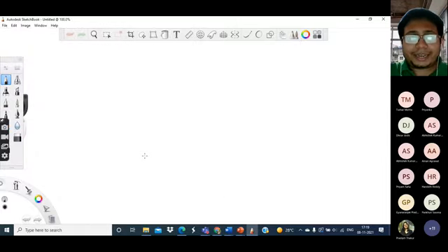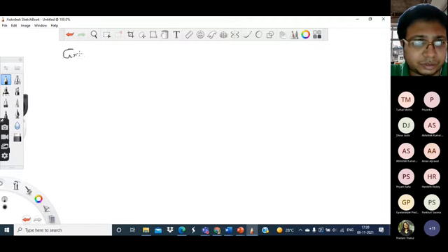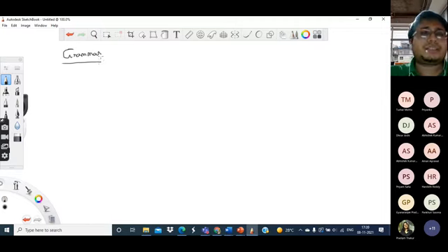Now we come to the next step. What's the next step in natural language processing? The next step is grammar. Okay, so what is grammar? Grammar is basically a set of rules for constructing a sentence.